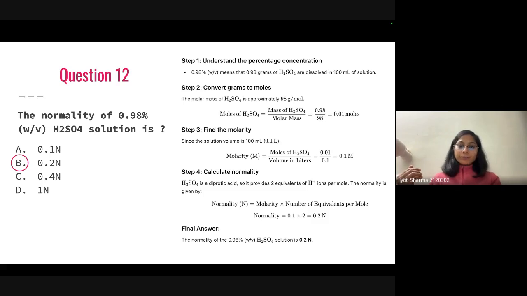Then the molarity of H2SO4 will be 0.1, because you are dividing by the volume in liters. But to calculate the normality, you have to multiply this molarity by the number of equivalents per mole, and this is 2, because it gives 2 equivalents of H plus ions per mole. So the answer will be 0.2 normality. If I'm going fast, you can interrupt me anytime, otherwise I will go on.